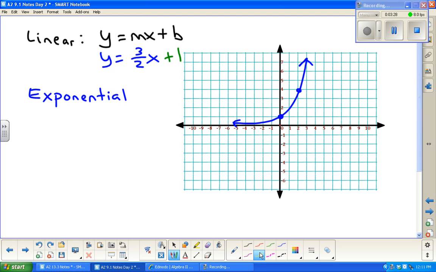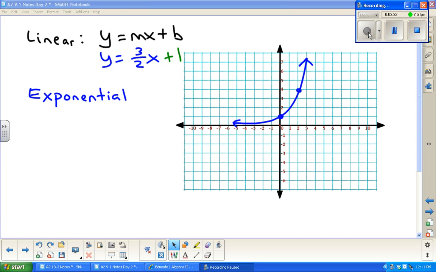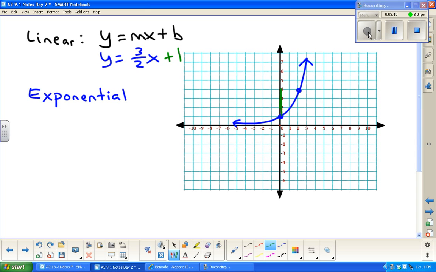The slope that we had from the line is not the same throughout the whole curve here. Specifically, that slope of up 3 over 2 from here to here is not going to be the same. If I go up 3 again and over 2, I can see my graph is actually going to be quite a bit higher than that, the y value way up there.